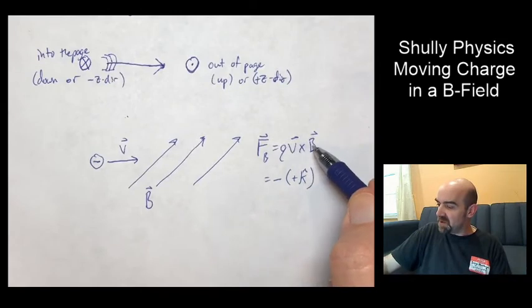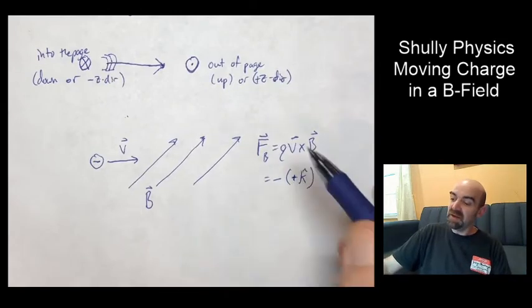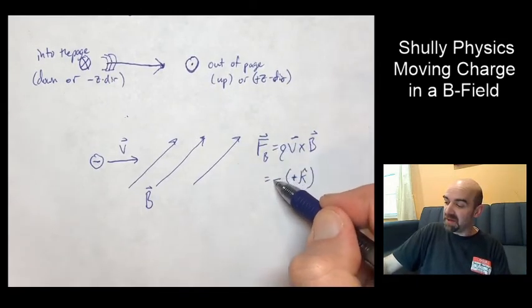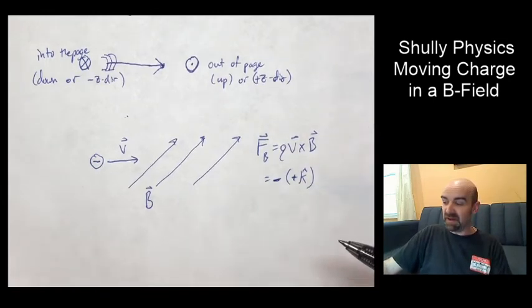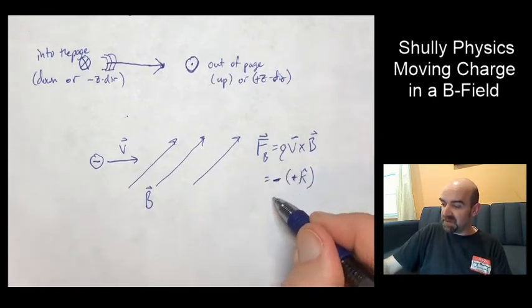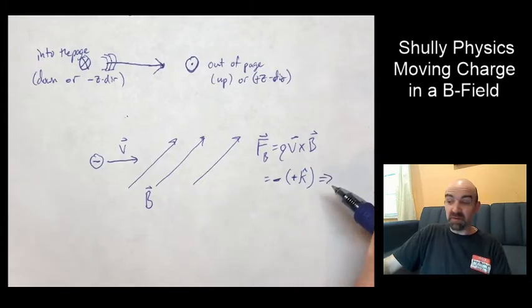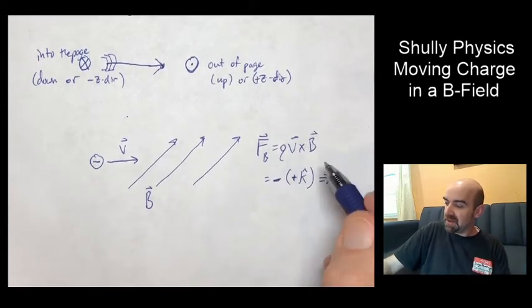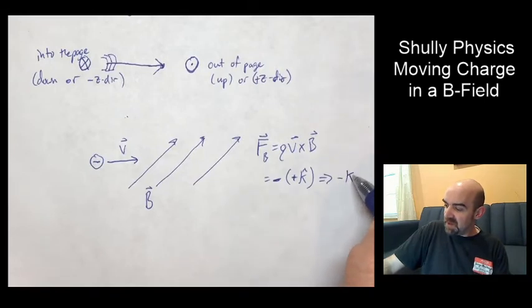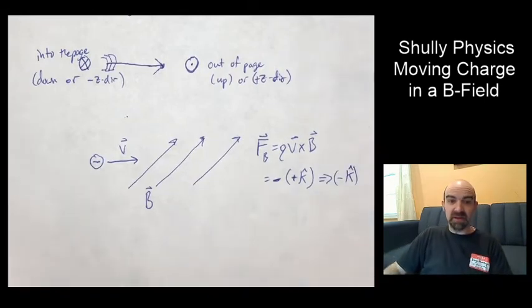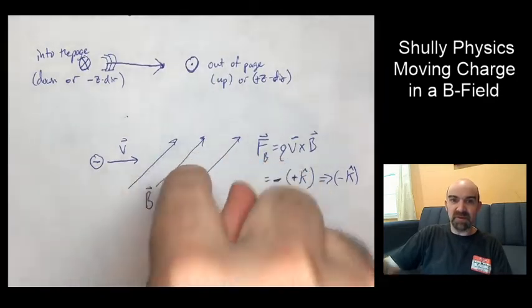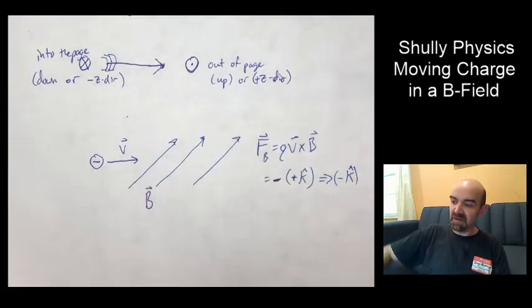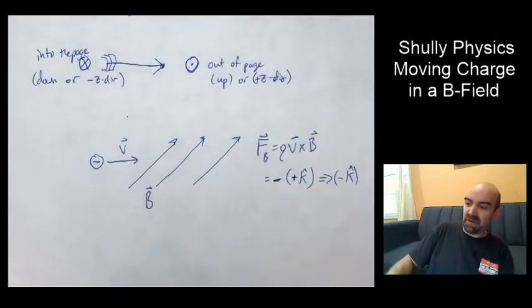So the V cross B is going to give us a positive k, but with the Q, we're going to have a negative tacked onto that. A negative times a positive gives us some number, whatever those values multiply to be, times a negative k direction. And the negative would be down into the page, right? That would be in this direction.